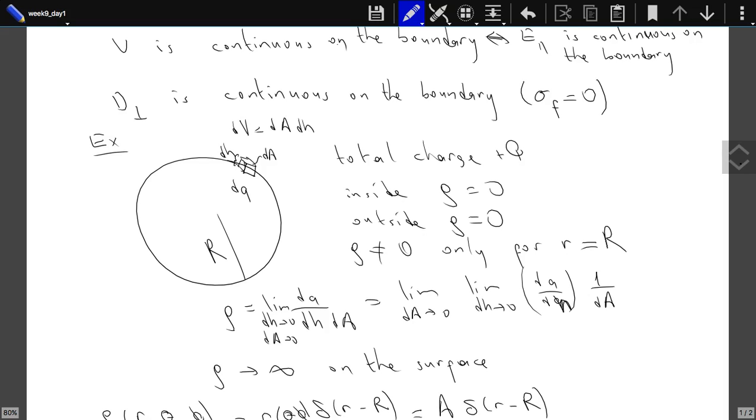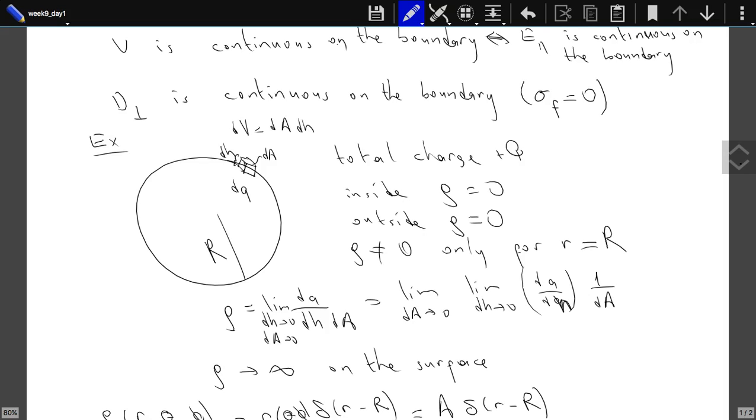The properties of the Dirac delta are that it is 0 almost everywhere except in a single point, and at that point it diverges. That is basically what we did over here. This charge density is 0 almost everywhere except at a single possible radial coordinate, and when the radial coordinate has that value, the charge density is infinite.